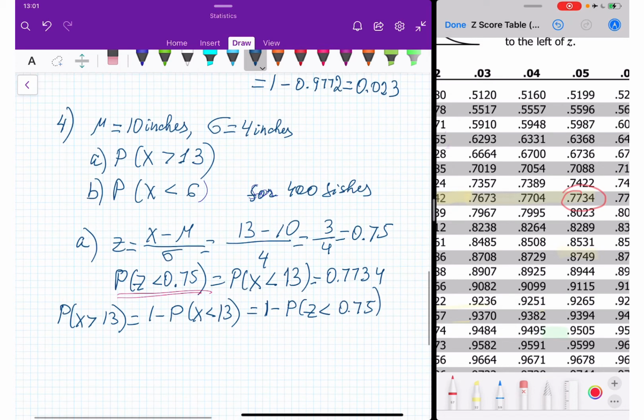So the answer is 1 minus 0.7734. We get 0.2266.